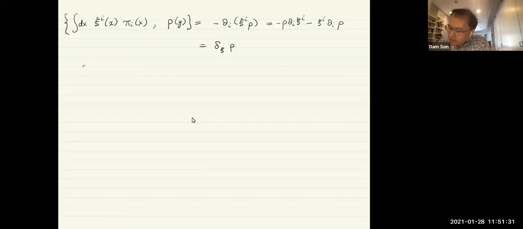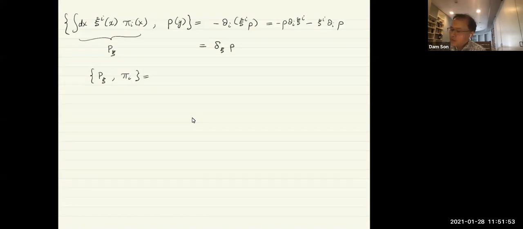And also, if you now compute the same thing, we just use our previously introduced notation of that as P of xi, compute P of xi with pi_i. I encourage you to do these calculations.